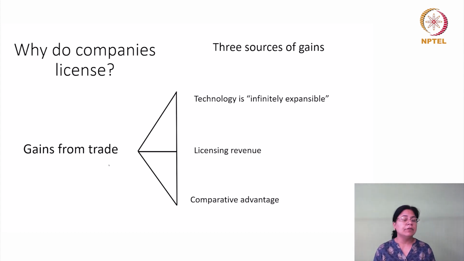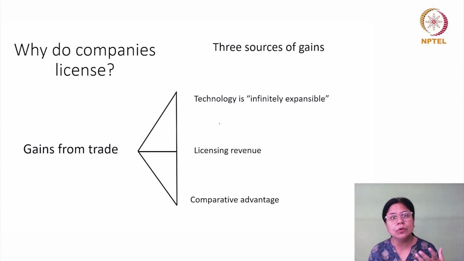Apart from that, very straightforward, the companies will get the licensing revenue. Moreover, technology is infinitely exhaustible, as pointed out by Professor Dasgupta and his co-author, so there are potential sources to make revenues from a technology, and it is not possible for a company to make use of all those potential options.